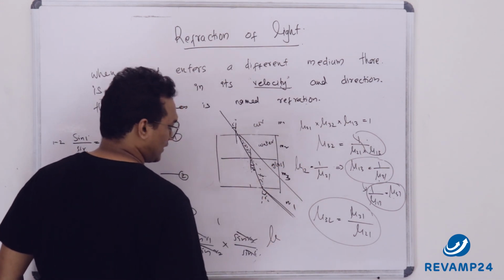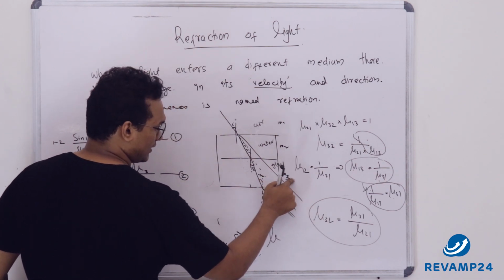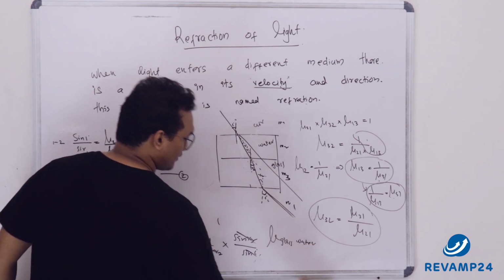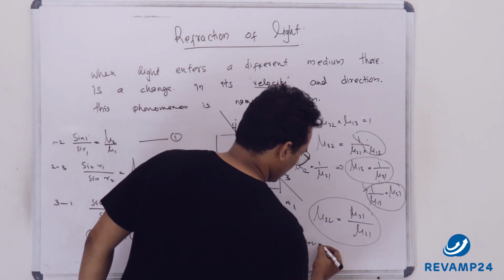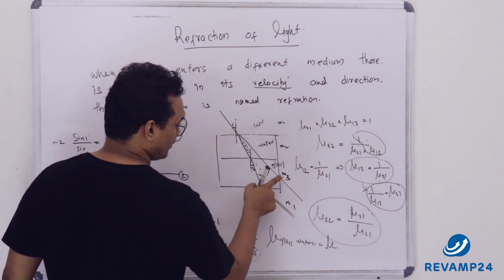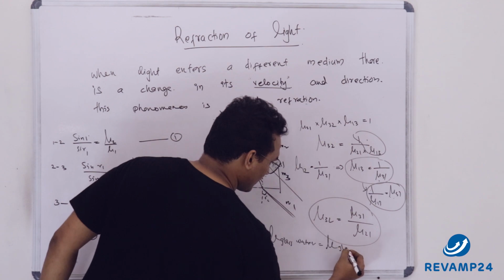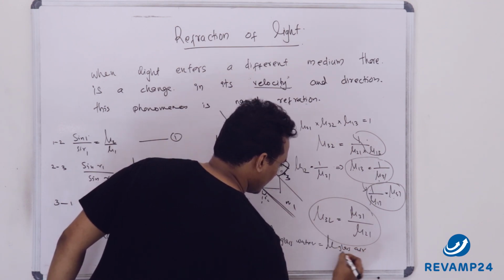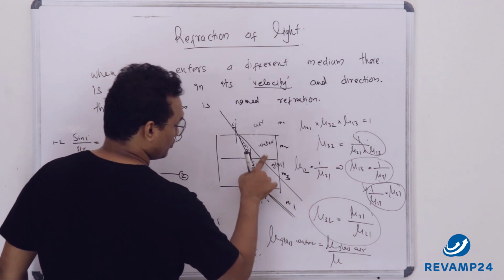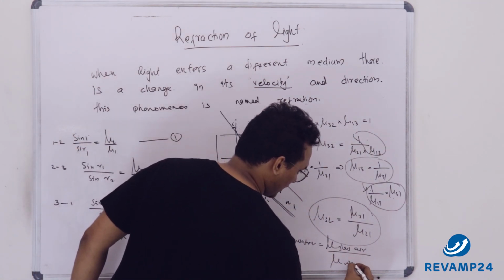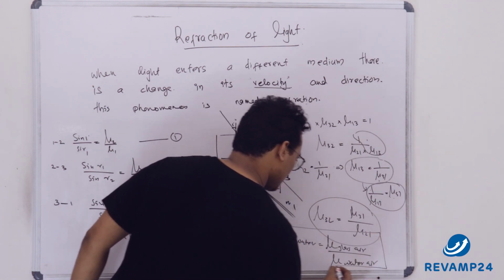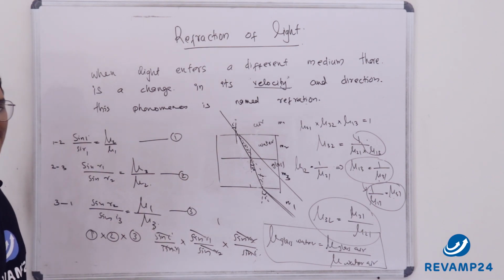That is the refractive index of 3, glass with respect to water, which is equal to the refractive index of mu31, glass with respect to air, divided by the refractive index of mu21, water with respect to air. See, this is the equation. It's a very, very important relation.